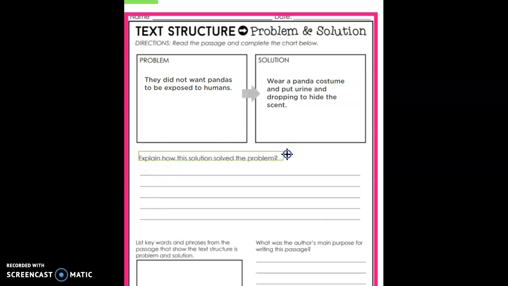Remember, when we are answering questions, we restate the question. This solution solved the problem because, pause the video so you can type this out.